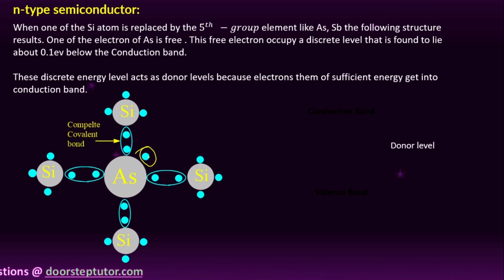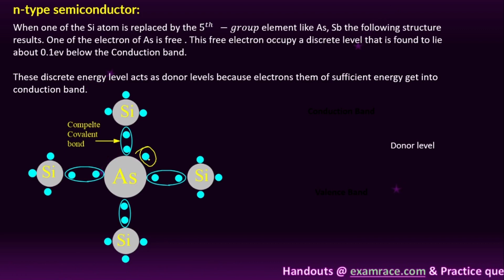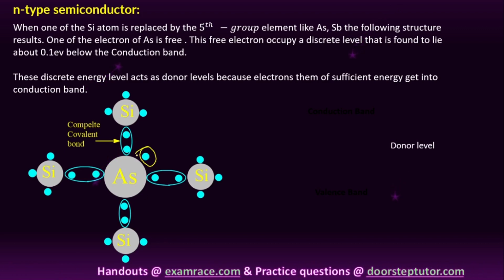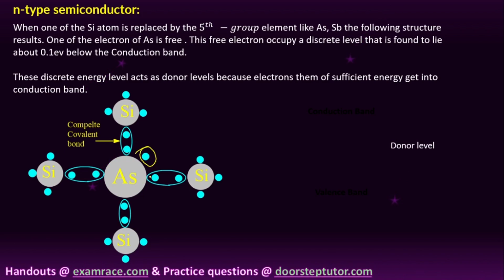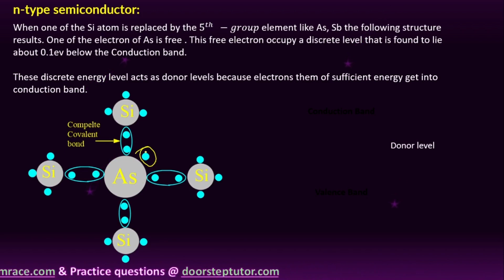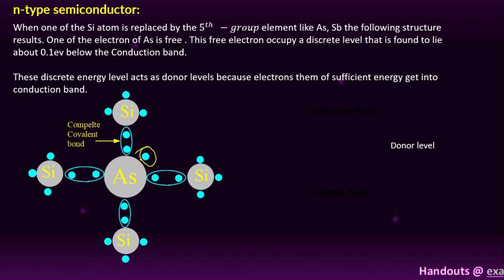This free electron does not belong to only one silicon. Here we have a number of arsenic elements. Therefore these free electrons can cause conductivity in these n-type semiconductors, right? These free electrons can create the conductivity property in n-type semiconductor, right?